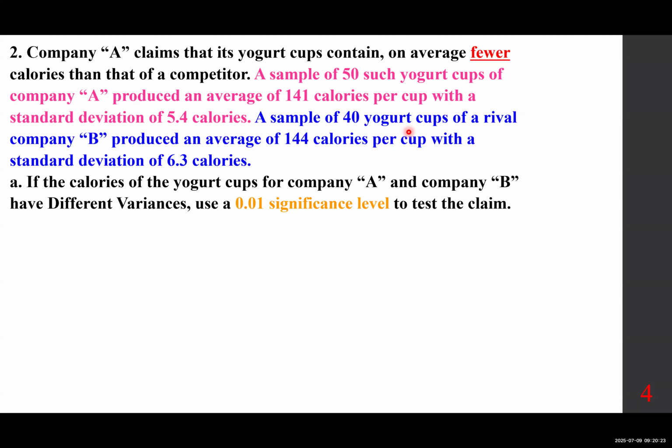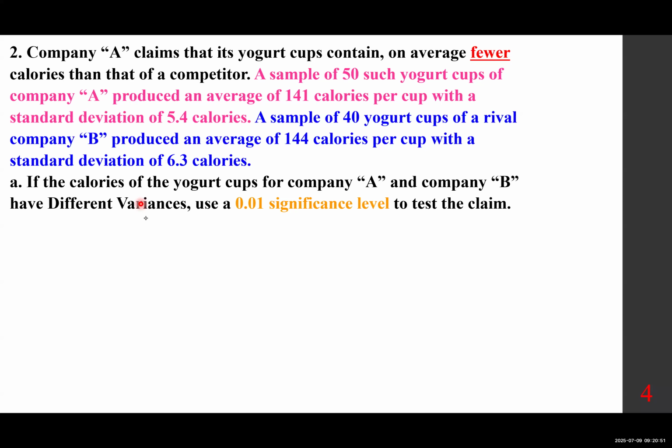A sample of 40 yogurt cups from a rival company, B, produced an average of 144 calories per cup with a standard deviation of 6.3 calories. If the calories of the yogurt cups for company A and company B have different variances, use a 0.01 significance level to test the claim.